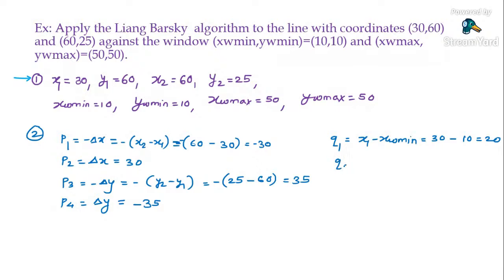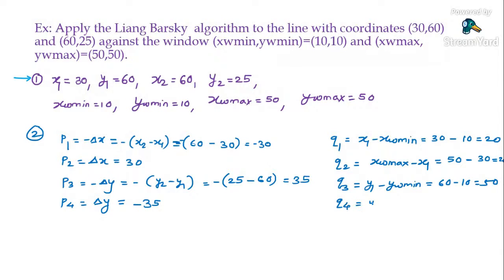Then q2 is equal to xw max minus x1. xw max is 50 minus x1 is 30. So the answer is 20. Then q3, y1 minus yw minimum. y1 is 60 minus yw minimum 10. So the answer is 50.